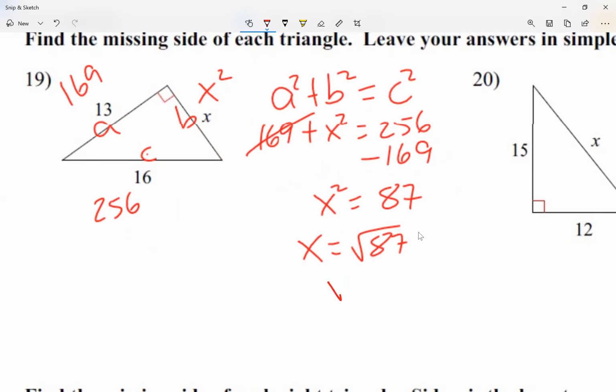Can you break this into two radicals where one of them is a perfect square? So 4, 9, 16. Right. Nope, neither of them work. So it cannot simplify. So the square root of 87 is already simplified. The way I'm going to type this is radical 87.